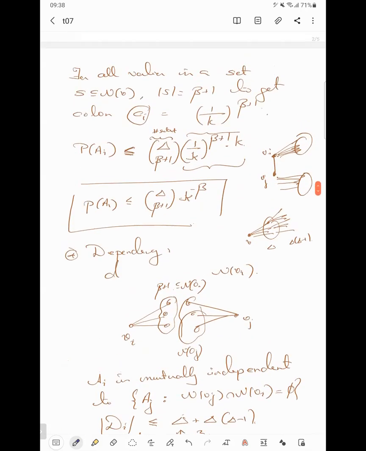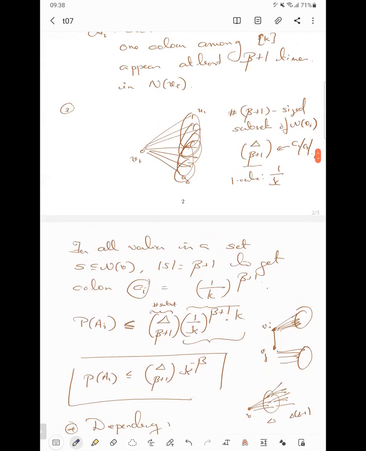When Francis was analyzing, he started with this B_i, a beta plus 1 sized subset of it getting a monochromatic color, or the same color. So how many events did you get? The number of events for Francis was only n, because there is one bad event per vertex.